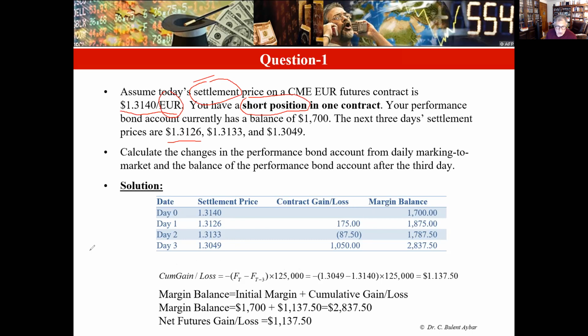So we could just quickly do that. We will say minus 1.3126 minus 1.3140 times 125,000.